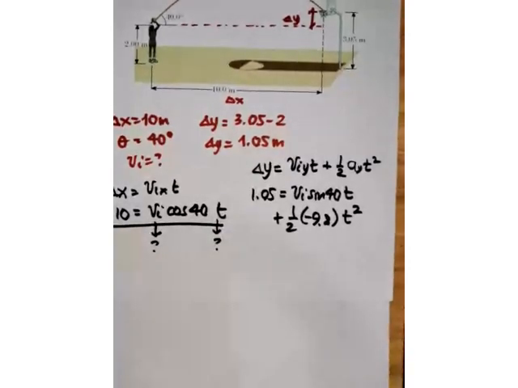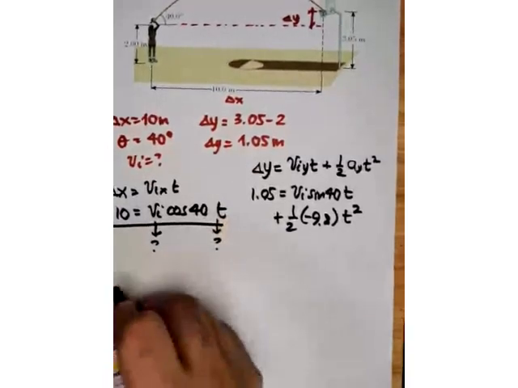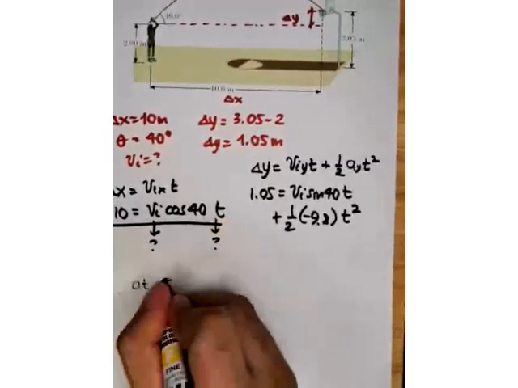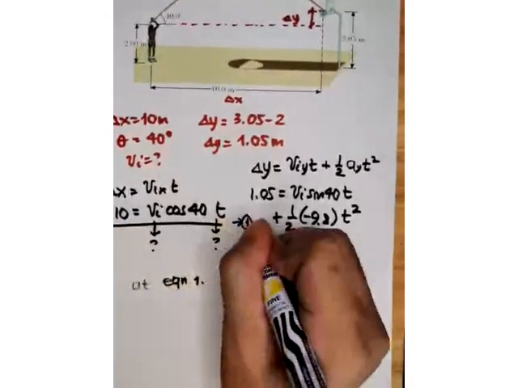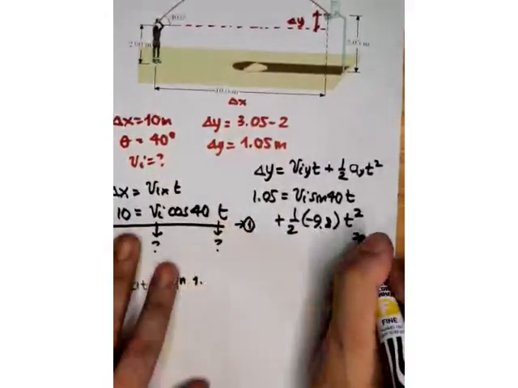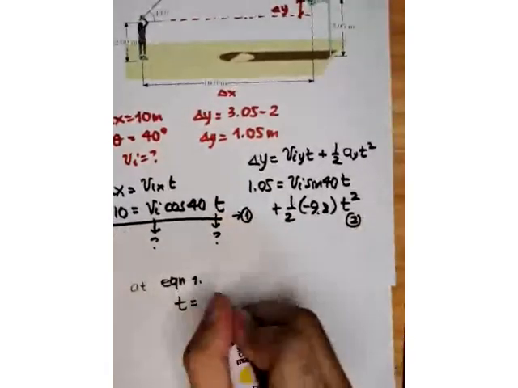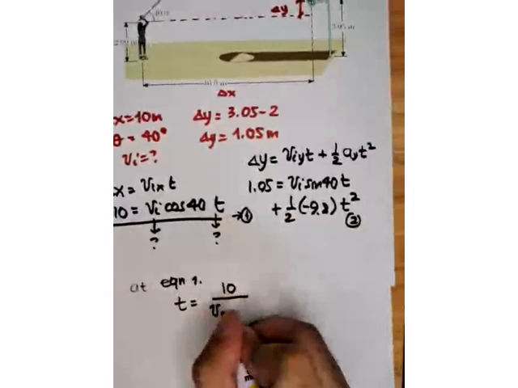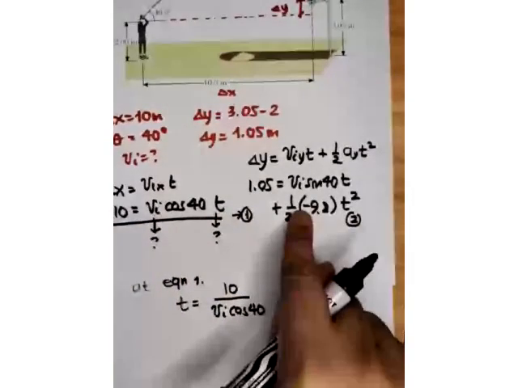Since we are looking for VI, let's convert in terms of time. Let this be our first equation and this our second equation. From equation 1, t will be equal to 10 over VI cosine 40. Substitute it into equation 2.